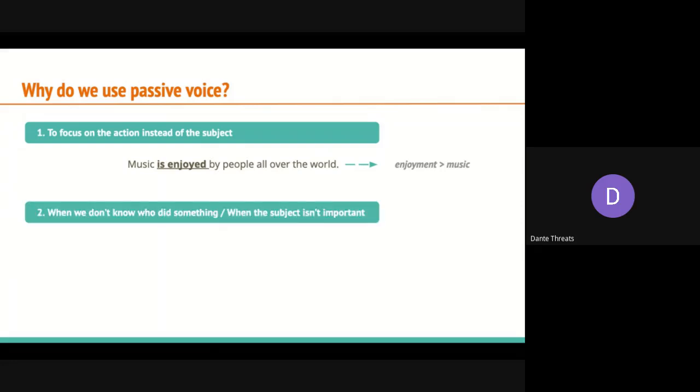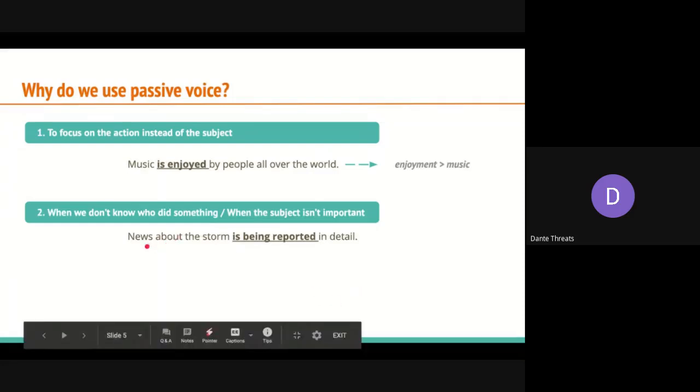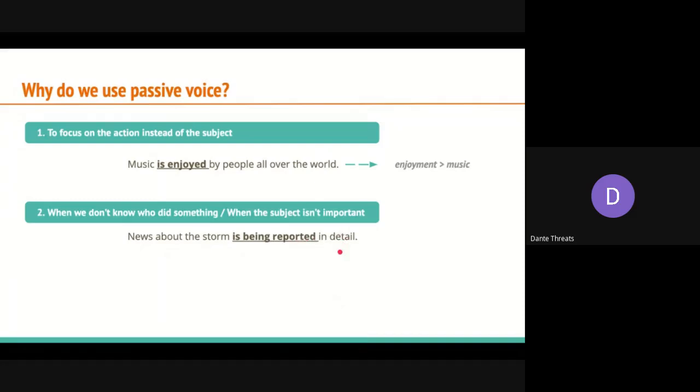Number 2, when we don't know who did something or when the subject isn't important. Okay? So, for example, news about the storm is being reported in detail. Okay? So, there is news about the storm being reported, okay, but we don't know who is doing the reporting.